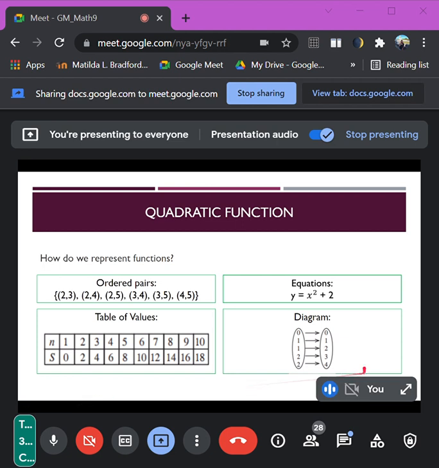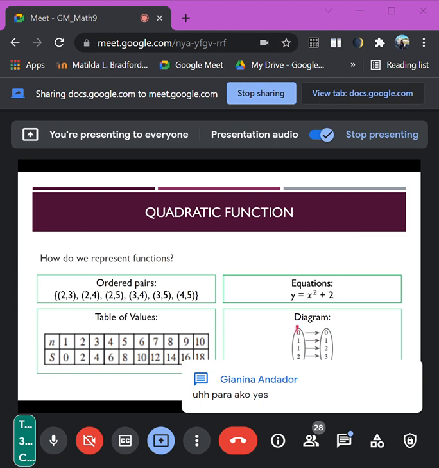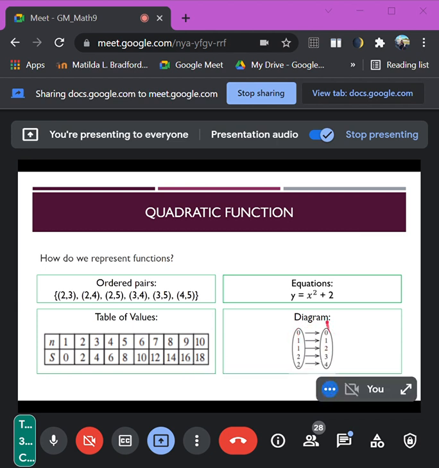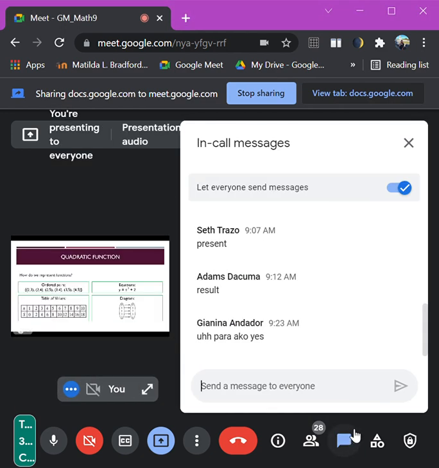Looking at our mapping diagram, class, this first one is the x and this one is our y. We call this one our input, and then here we call this one our output. Okay, for this one, it's a yes.